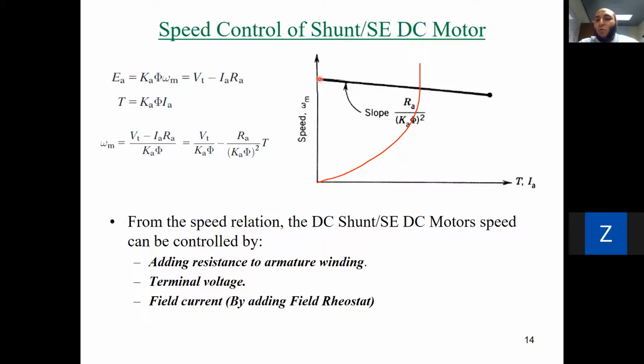So simply, if we move this characteristic down or up, will it change the value of the speed? So this is the idea of speed control now.